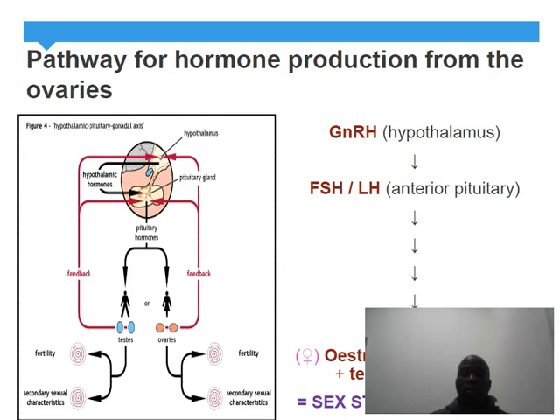So these hormones, once released into the bloodstream, migrate into the body. It's important to understand that these hormones are all over the body and can only bind to specific receptors in the body.